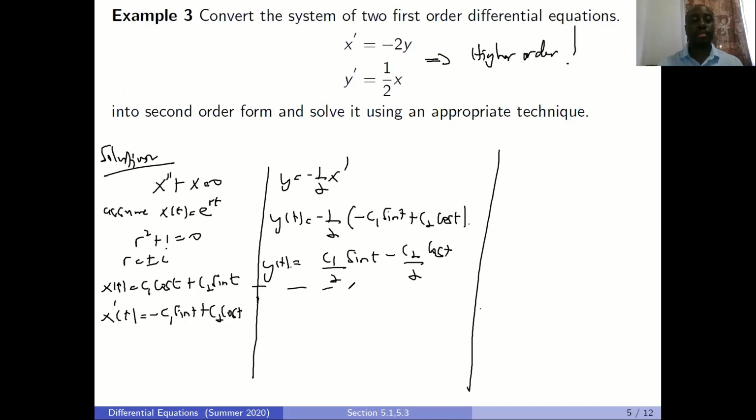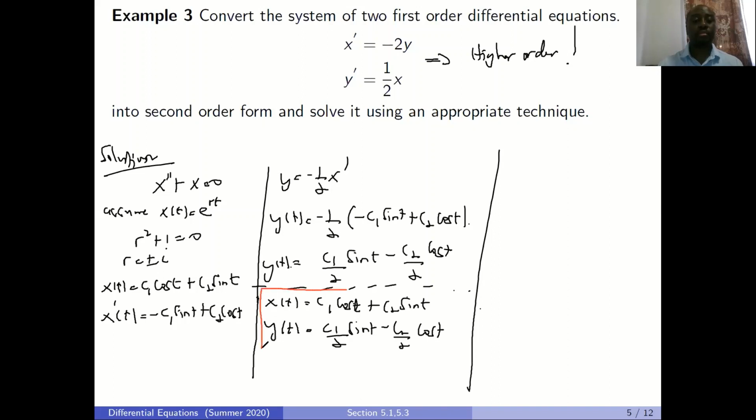Right. So I have x of t being c1 cosine of t plus c2 sine of t, and I have y of t being c1 on 2 sine of t minus c2 on 2 cosine of t.